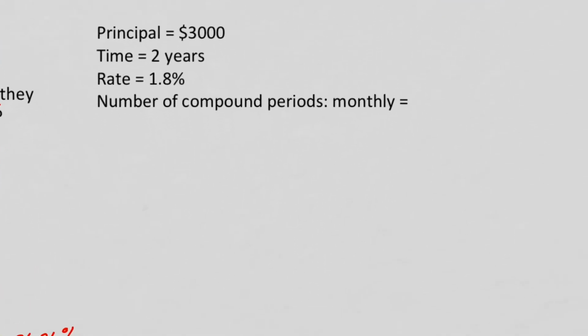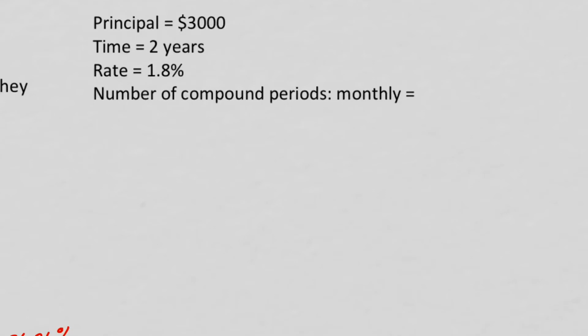Now, so if we have a principal of 3,000, you're going to borrow money for 2 years at 1.8%. That's going to be 0.018 as a decimal. It's going to be monthly, so it's going to be 12. Now, so my repayment, I'm sorry, look at the wrong one.